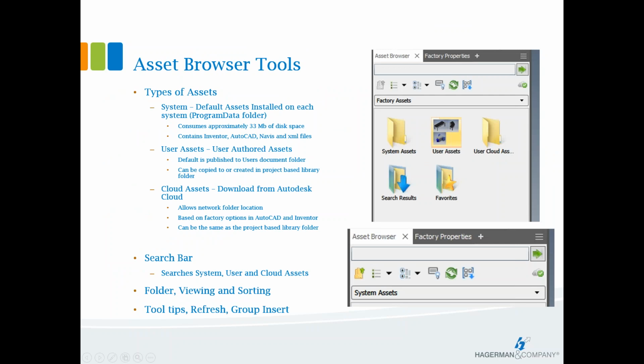I wanted to take just a minute to go over the tools within the asset browser. And these two screenshots happen to be looking at the browser from Inventor. Our system assets.